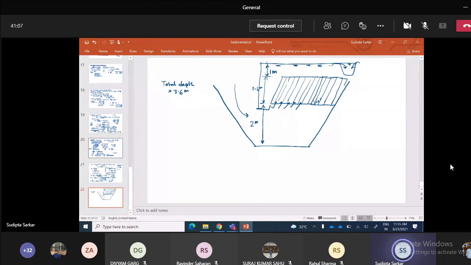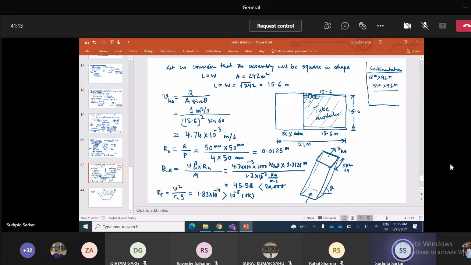Now, each tank would look like this. You can see the plan view right here. The water enters from here, and then it goes up like this, and it gets collected at the side weirs, from where it is taken out to the clear water channel.